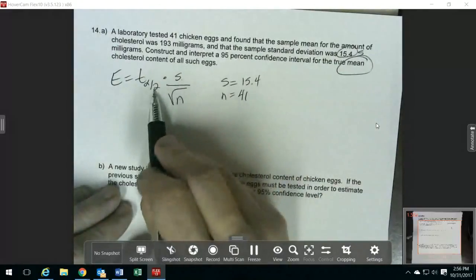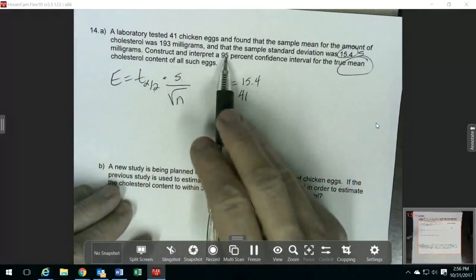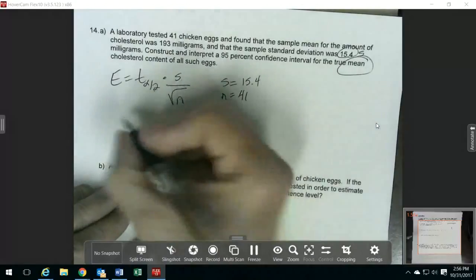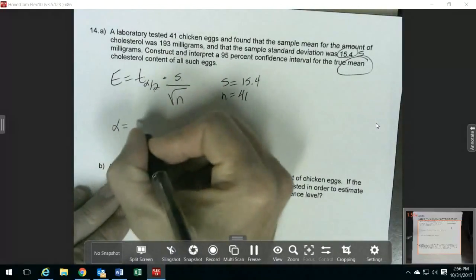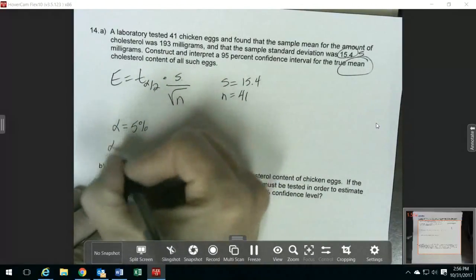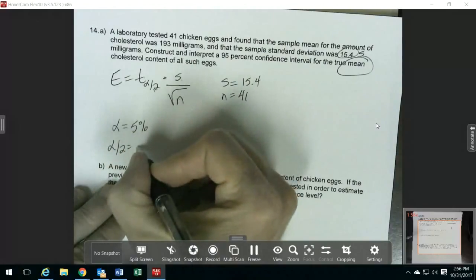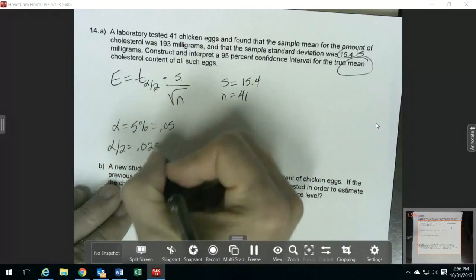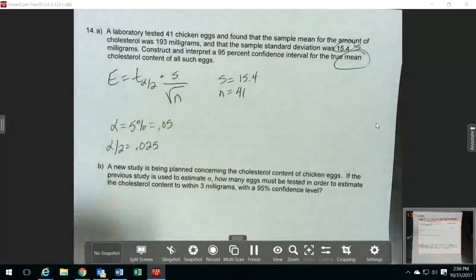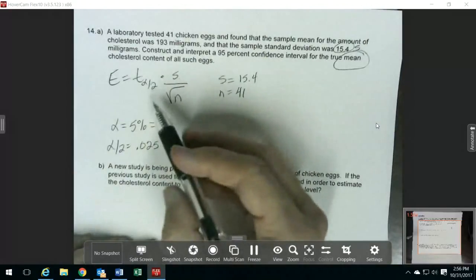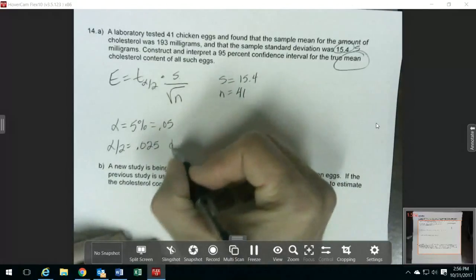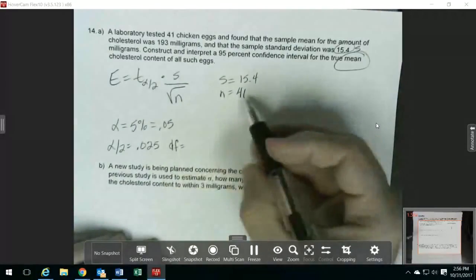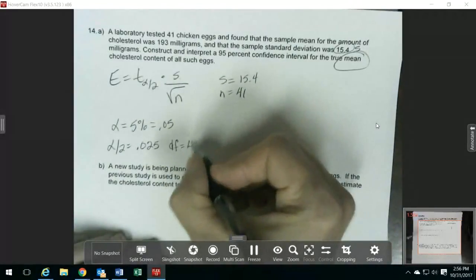All right, so let's find our critical value. We want a 95% confidence interval. So that means our alpha is 5%. Alpha over 2 is going to be 0.025 in decimal. And then for our inverse t distribution, we need the degrees of freedom, which is n minus 1.